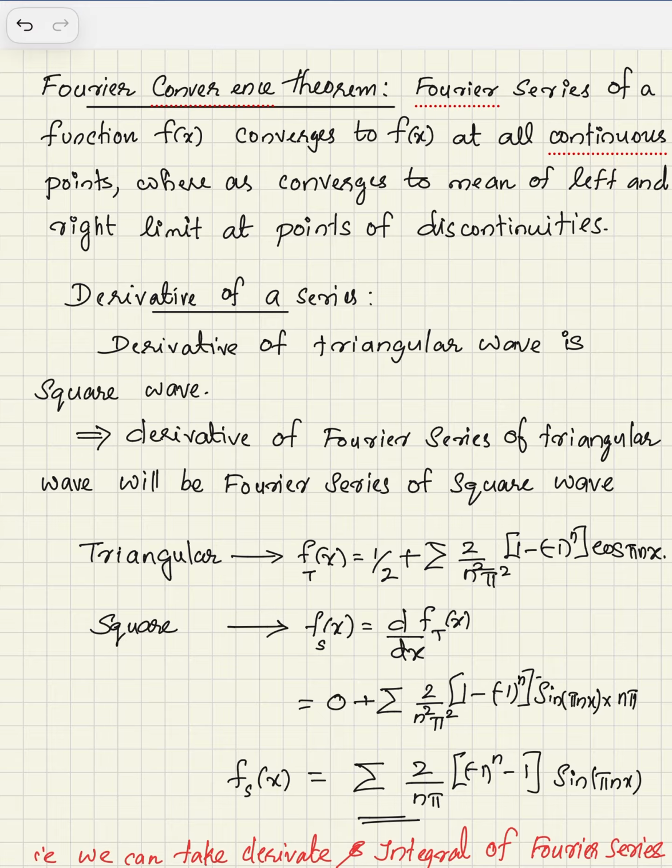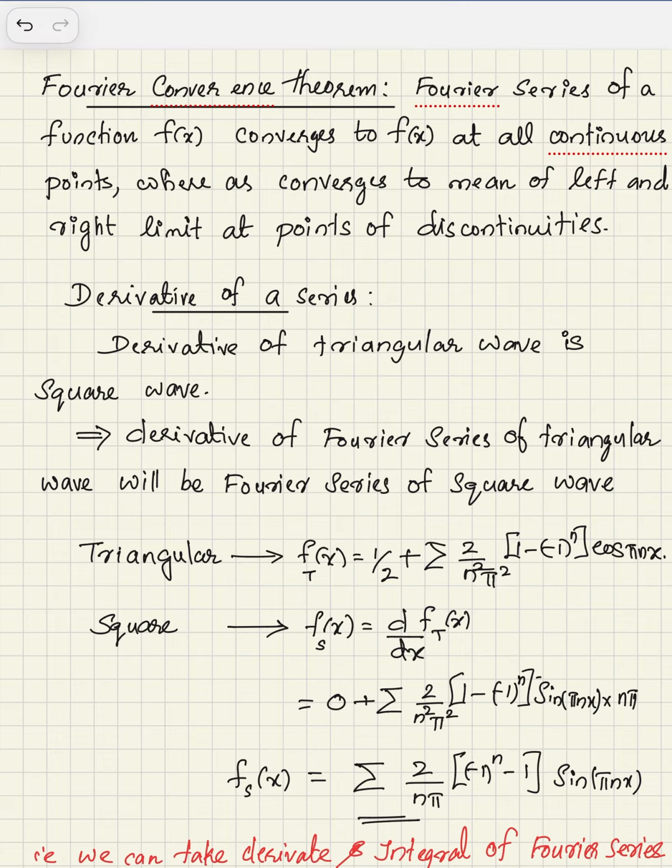Another interesting point is you can take the derivative or integral of a series. For example, the derivative of triangular wave, you all know, is a square wave. So if you take the Fourier series of triangular wave and then take the derivative, you will get the Fourier series of square wave. For example, the triangular wave Fourier series is this one.